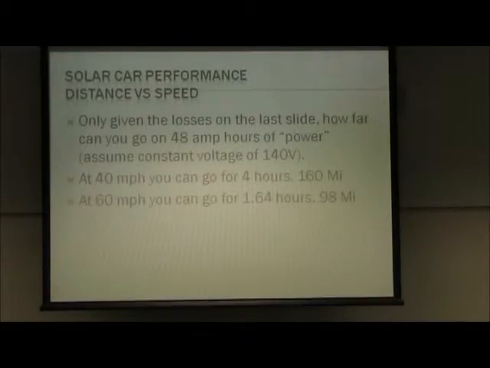That's 160 miles. At 60 miles an hour, just 20 miles an hour faster, you can only go for 1.64 hours or 98 miles. So if you've got to reach a waypoint 160 miles away, do you run 40 miles an hour, with 4 hours to do it, or try to go faster, run 60? You ain't going to make it.